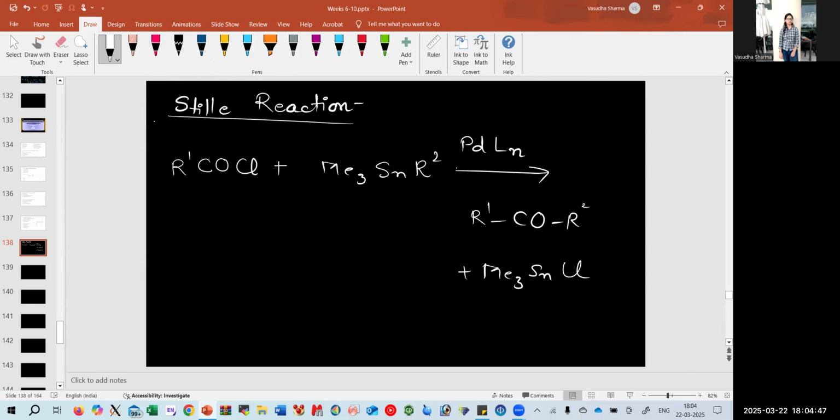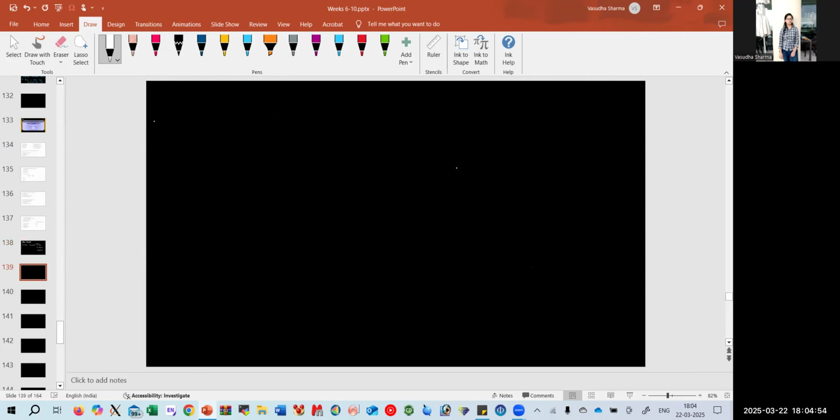Generally, this is when you are introducing the carbonyl group. In the last session, what we saw is that the general Stille reaction is when you are treating a group having a halide, R1X. This R1 can be alkyl, aryl, anything. And on the other side, we have a tin organyl.